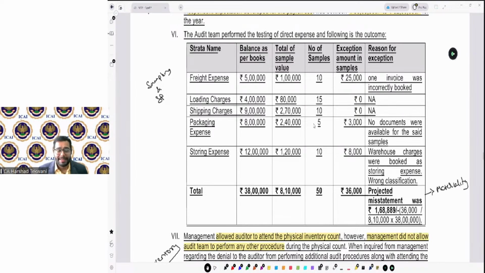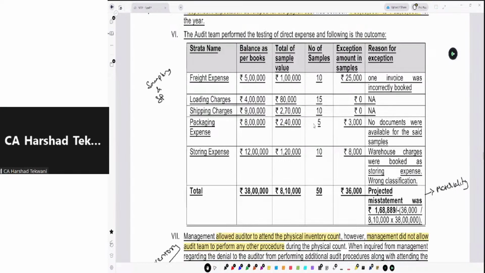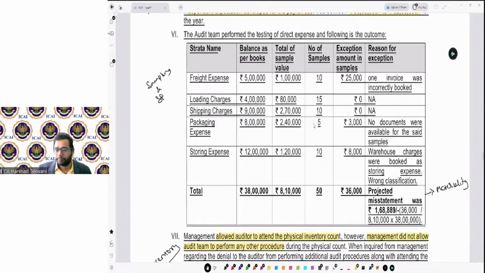Come on, guys. Do you think this projected misstatement is correct, or what should be the appropriate projected misstatement?